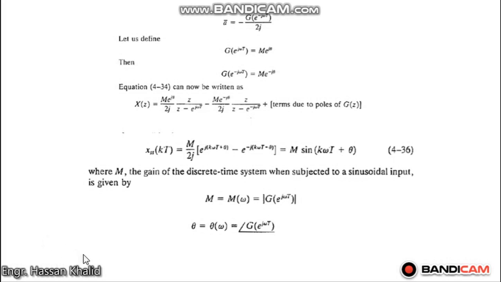Now, what does equation 4.36 imply? It implies that the whole system is written in the form of the magnitude M, which is the gain of the discrete time system when it is subjected to a sinusoidal input, and the other factor is the phase.